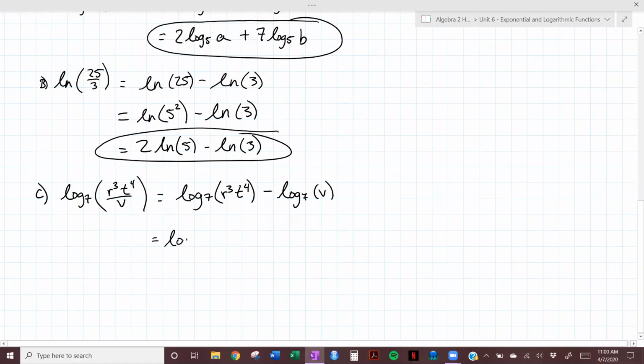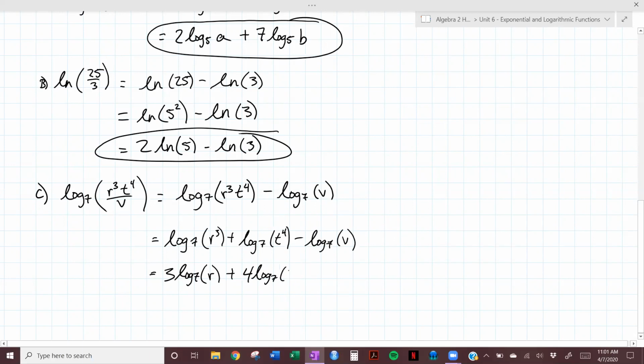So this becomes log base 7 of r cubed plus log base 7 of t to the 4th minus log base 7 of v. Okay? Keep going. 3 times log base 7 of r plus 4 times log base 7 of t minus log base 7 of v.